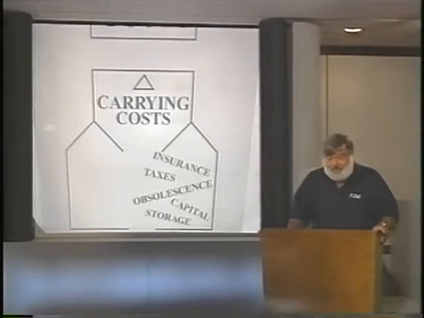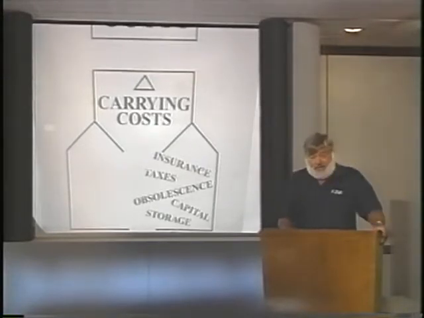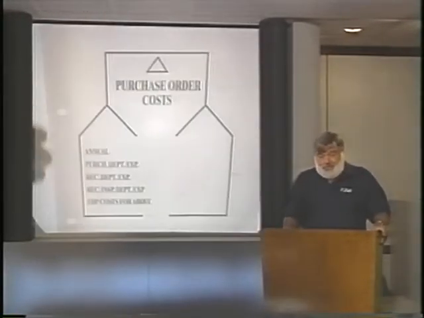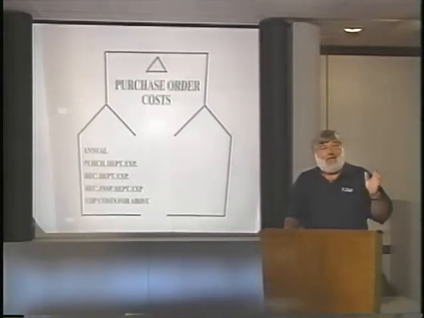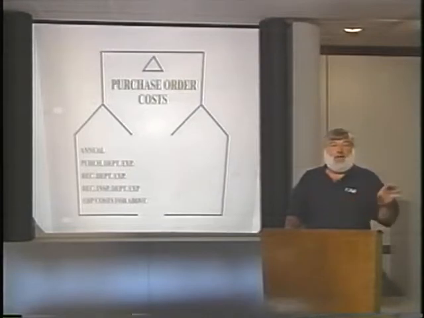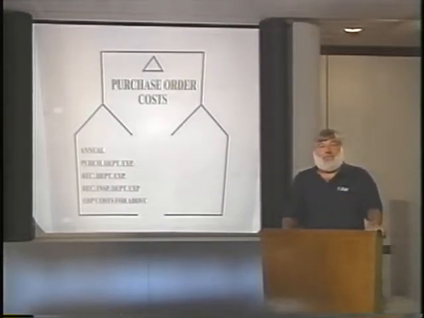Turning on to the next exhibit, we have the purchase order cost. And again, these are annually. We have the purchasing department expenses, and that includes payroll, overhead, and every other cost associated with the purchasing department. Likewise, receiving and receiving inspection.